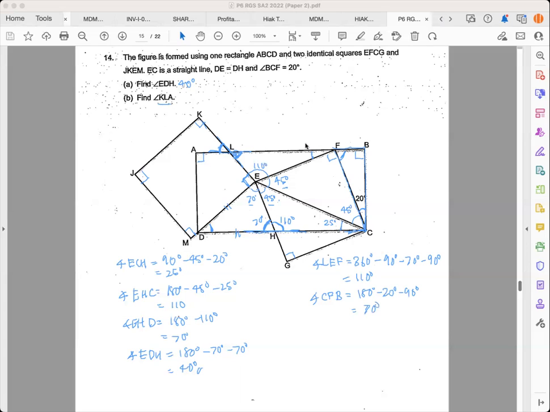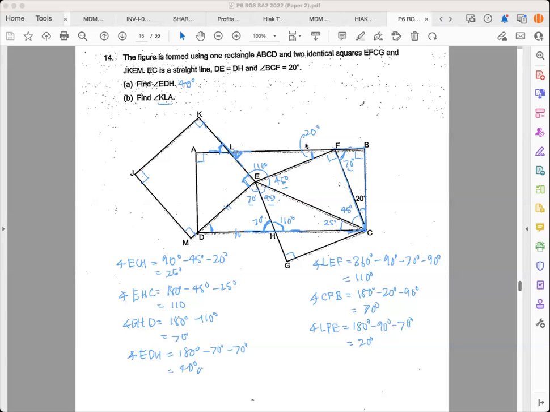So this is 70 degrees. So now we can find angle LFE, which is this angle. Angles on a straight line, 180 degrees minus 90 minus 70. I will get 20 degrees. So this is 20 degrees.